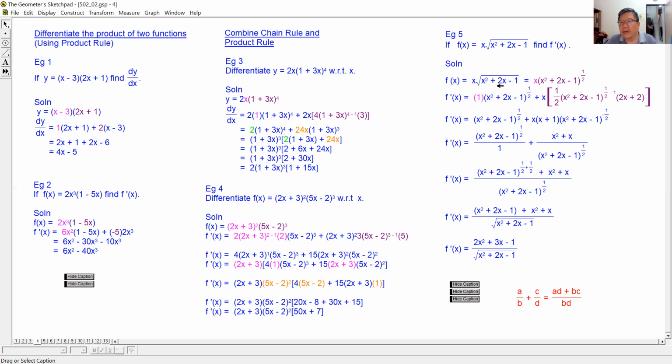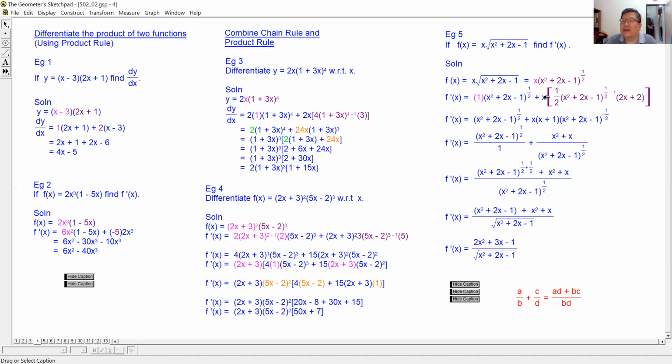When you differentiate the x, the square root remains. The square root means x to the power of positive half, so this term will remain at the top, at the numerator.